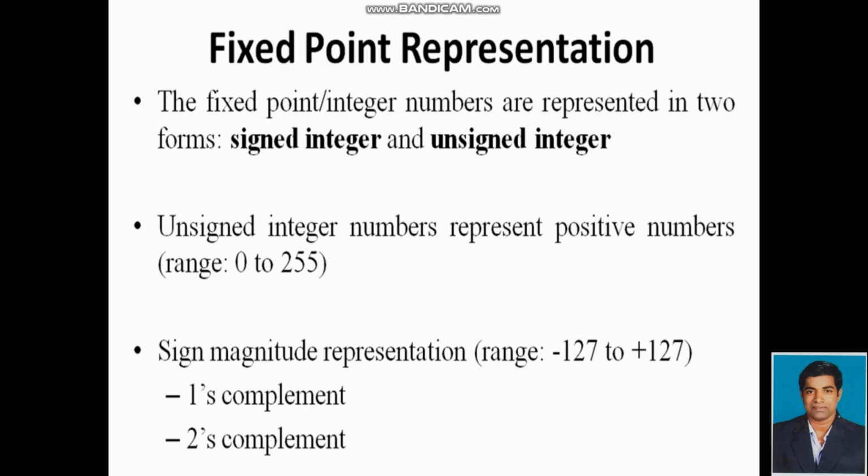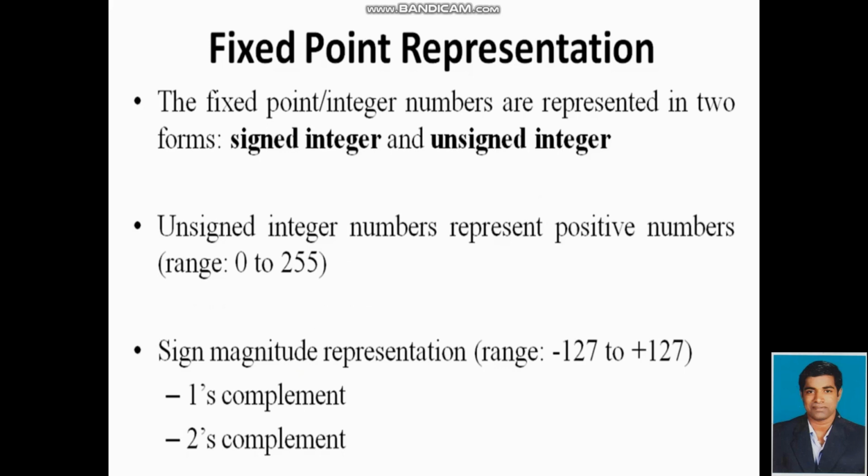Fixed point representation: the fixed point or integer numbers are represented in two forms, signed integers and unsigned integers. Unsigned integers represent positive numbers in the range 0 to 255. Signed magnitude representation ranges from minus 127 to plus 127.